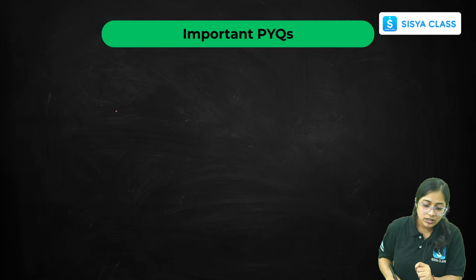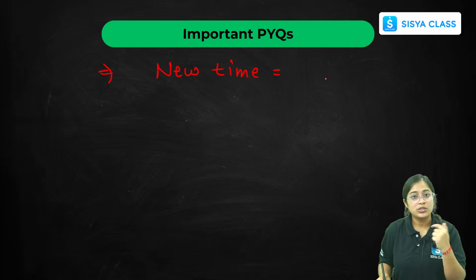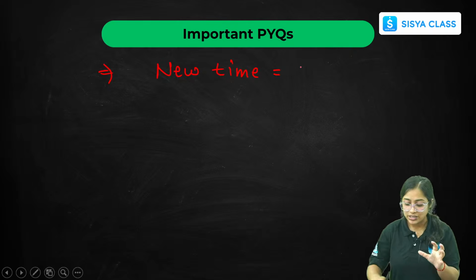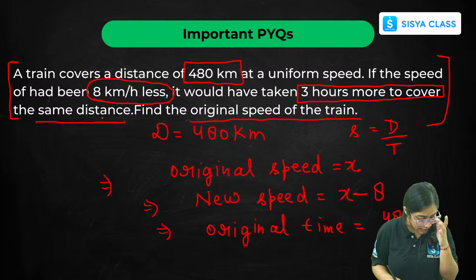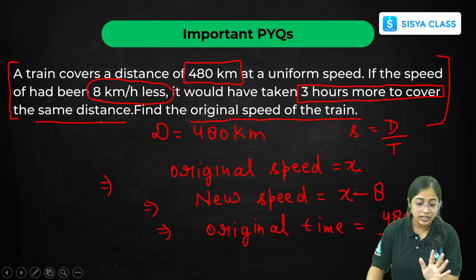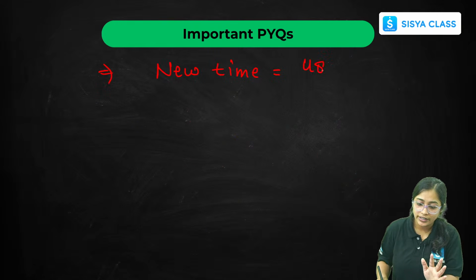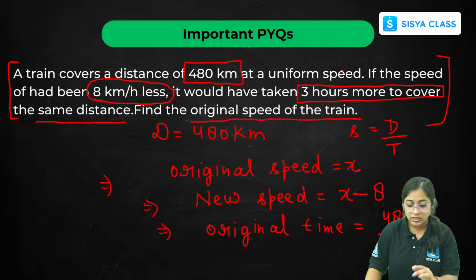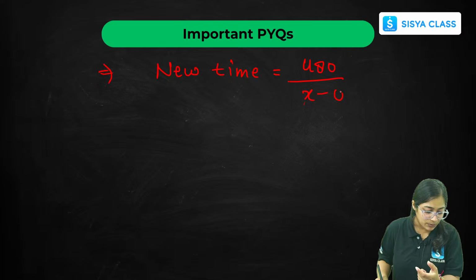Now what is the new time we have? The new time is distance upon new speed, right? And for the new time also we have the same distance, that is 480 kilometer, right? So it is 480 divided by the new speed, that is x minus 8.